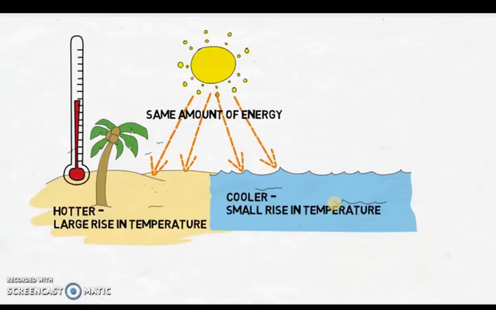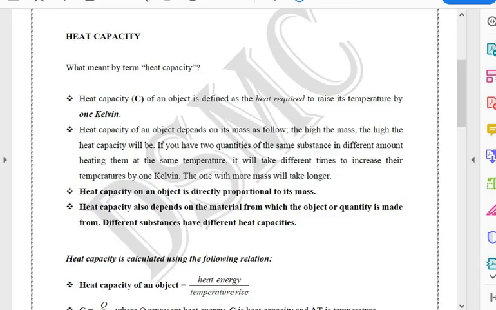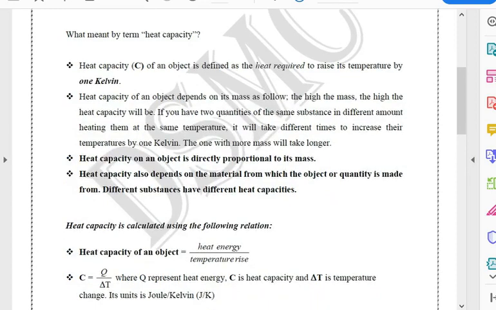So when we say heat capacity of an object, I'm going to read the definition of heat capacity: the heat required to raise the temperature of an object by 1 Kelvin.